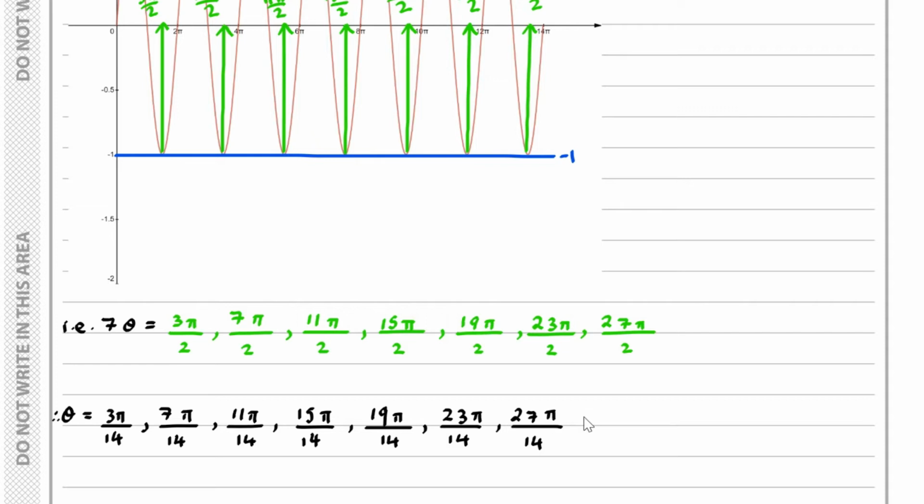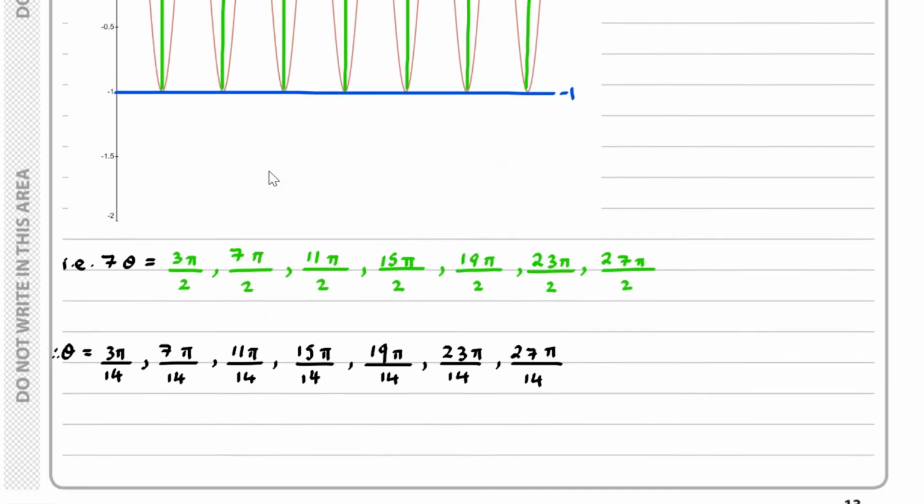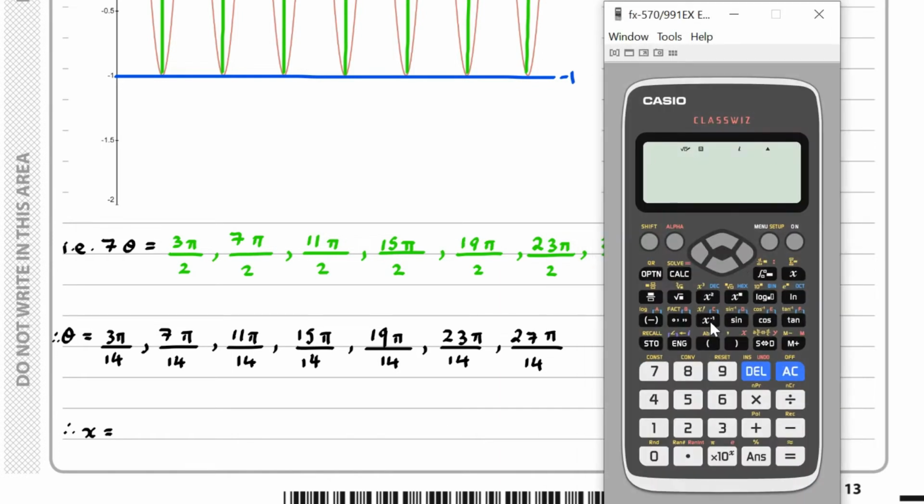So now what we need to do is substitute these values of theta back into equation 4. So we've got x equaling, now if we substitute these values in, so grab your calculator, the sine of 3 pi over 14, which is to 3 decimal places 0.623.